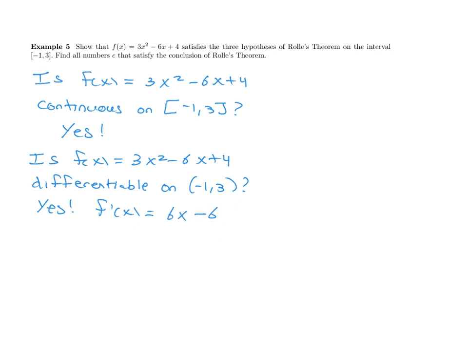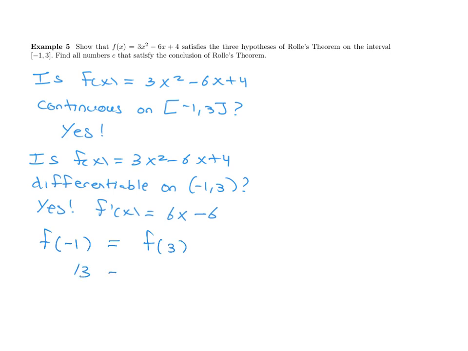This thing exists, and it's defined for all these numbers. The other condition that we need is, does f of -1 equal f of 3? I'm going to type this into my calculator and see if we get the same number for both. Well, it turns out that this is also true.